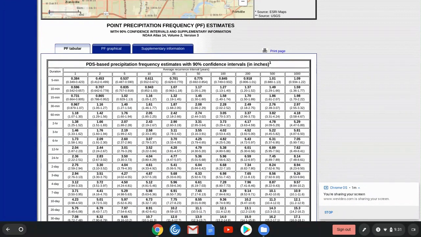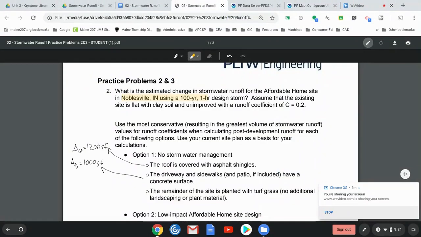So I here is going to be 3.05. I is equal to 3.05 inches per hour.